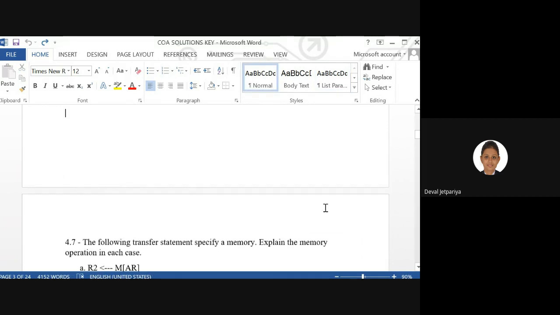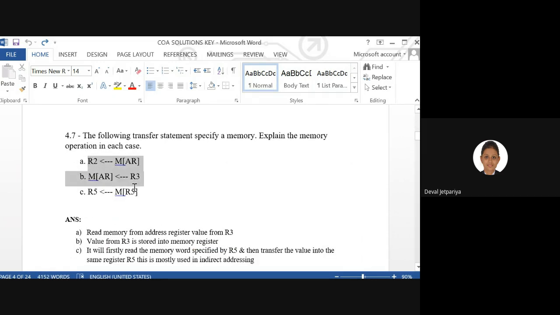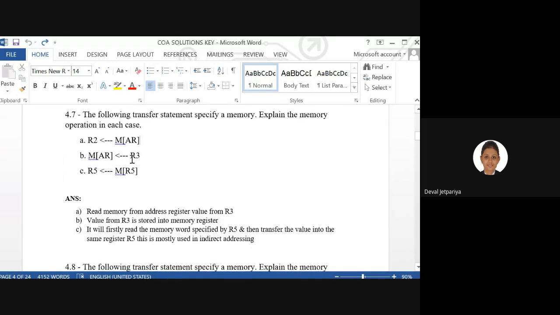Then verify this question number 2. Simply you need to write down the instruction detail, I mean what it is doing. So just verify your answer. Here are the answers of these 3.